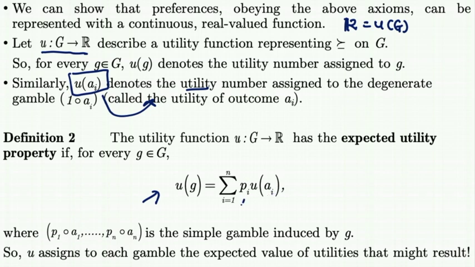And we already know that P_i is this, isn't it? Because P_i is this, it is the simple gamble induced by a gamble, call it G, small letter G. So the function U assigns to each gamble the expected value of utilities that might result, right?